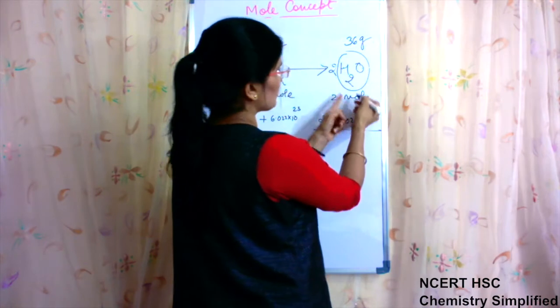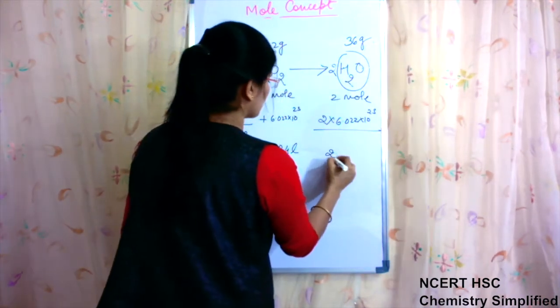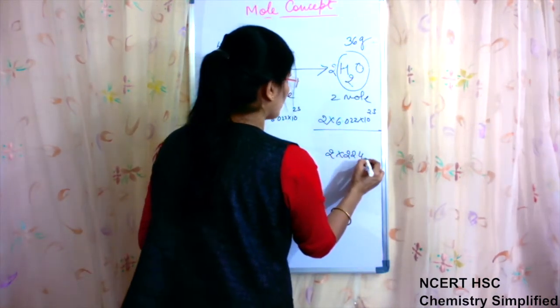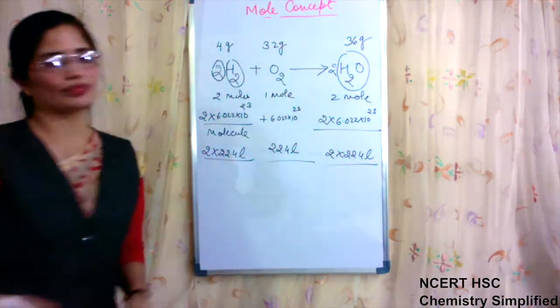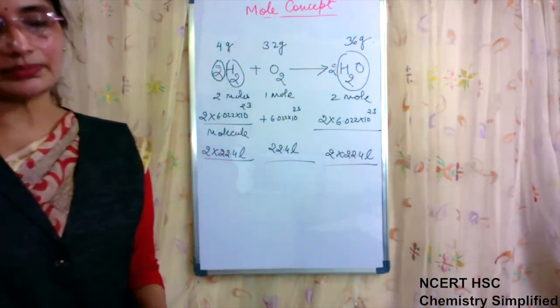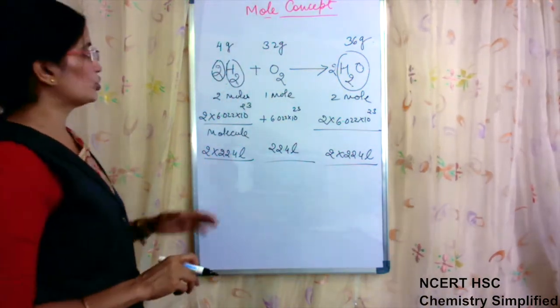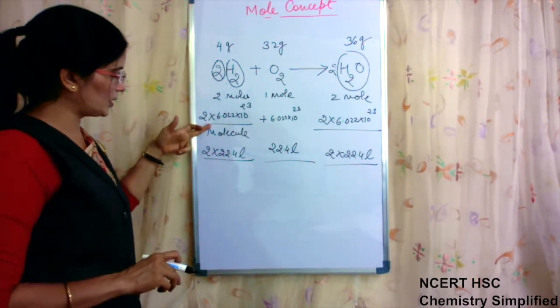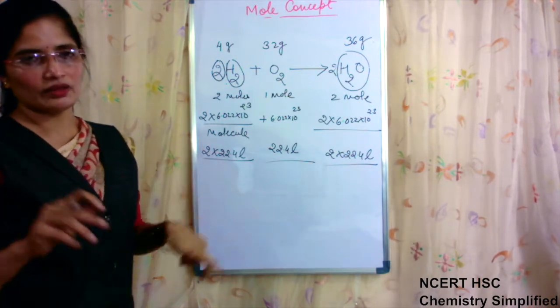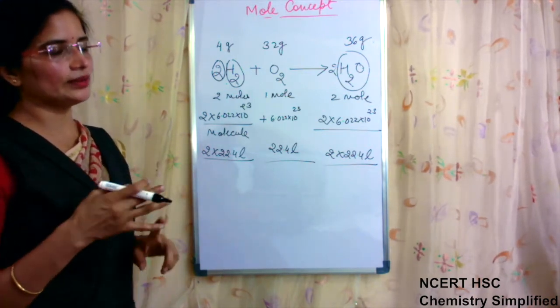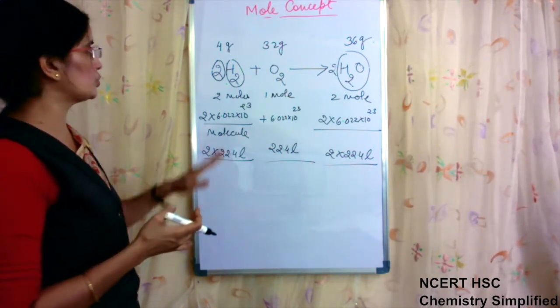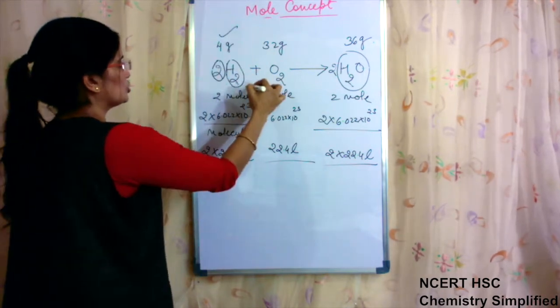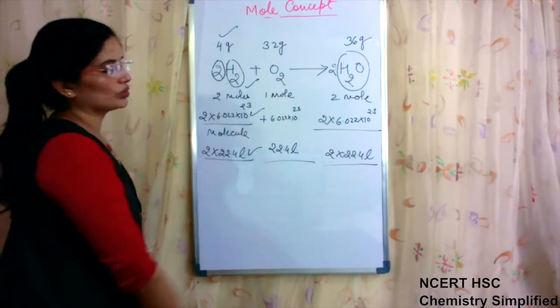Again 2 moles of water will also occupy 2 into 22.4 liters of volume. This is the whole thing when we want to talk in terms of mass, moles, number, and volume. We can talk about every atom and every molecule in 4 terms: 1, 2, 3 and 4.